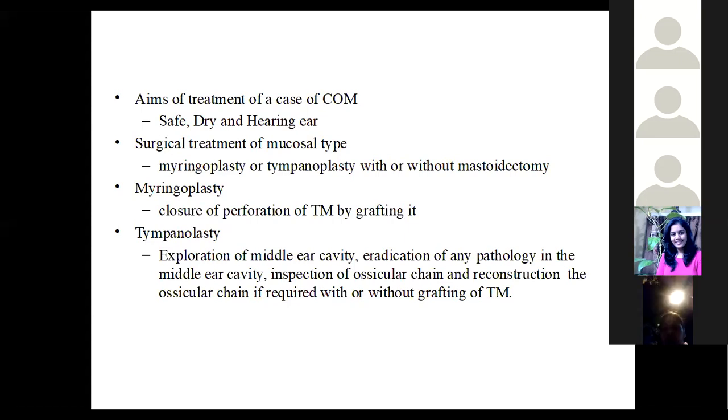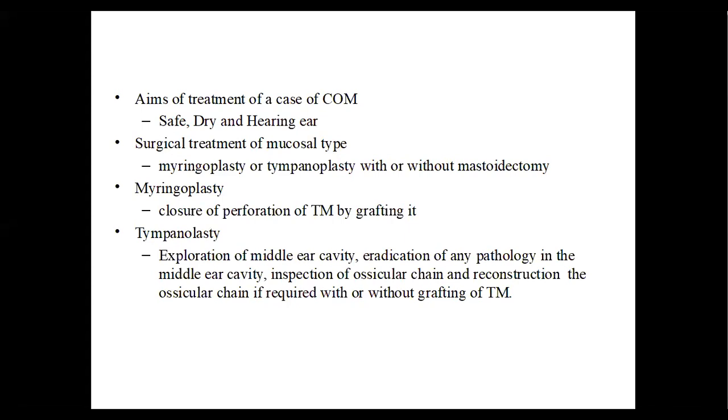So in standard mucosal type of disease, the treatment protocol will be either myringoplasty or tympanoplasty with or without mastoidectomy. The moment you say these words, they will be asking you for the definitions. So myringoplasty is just a surgical procedure where you are closing the defect of the tympanic membrane without doing anything with the middle ear. So the middle ear will not be touched, only the closure of the perforation of the tympanic membrane by graft.